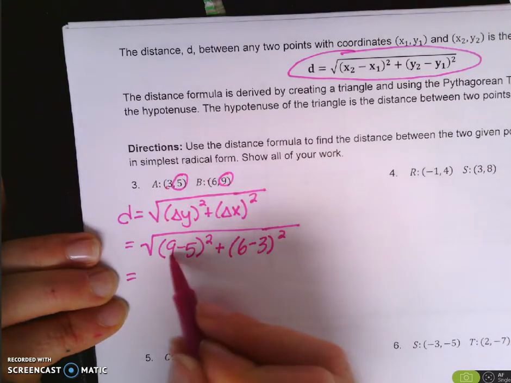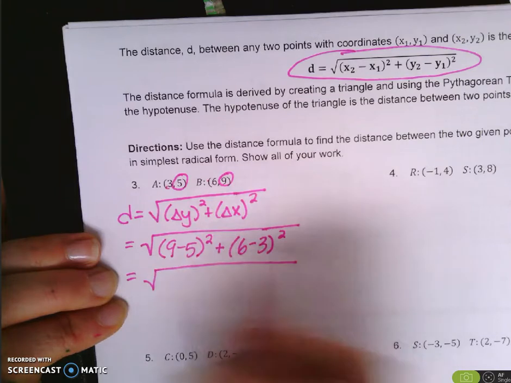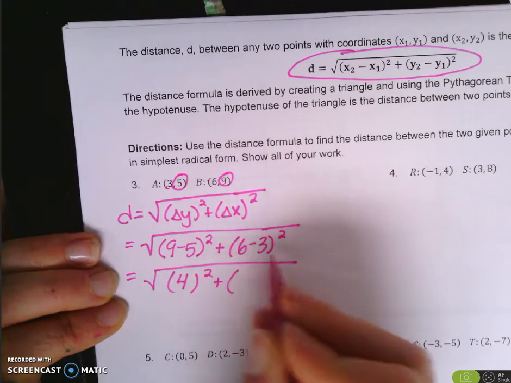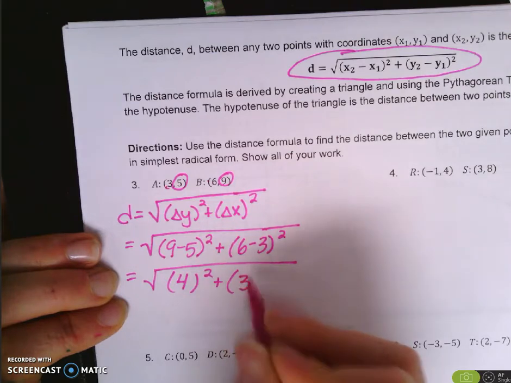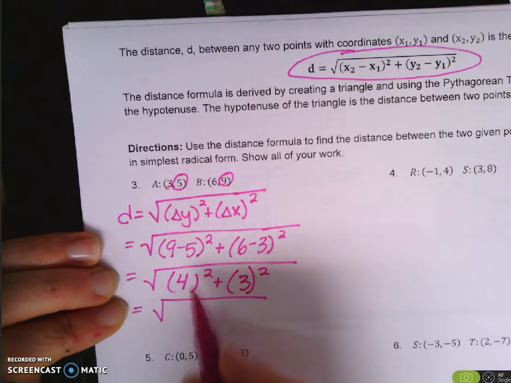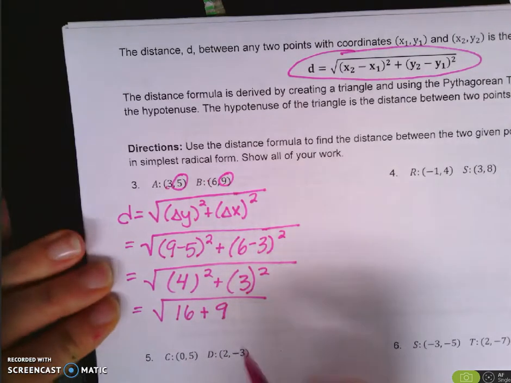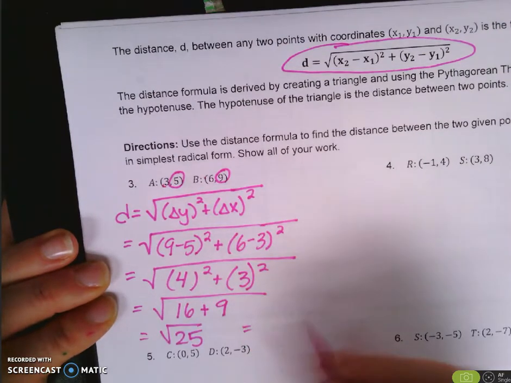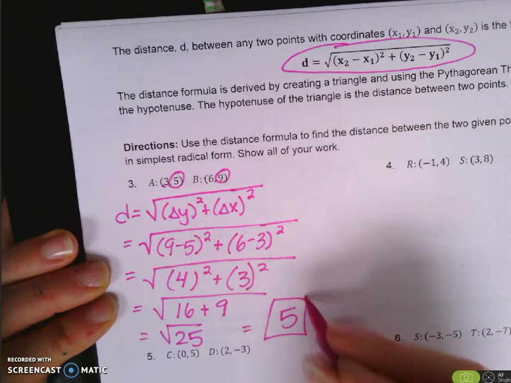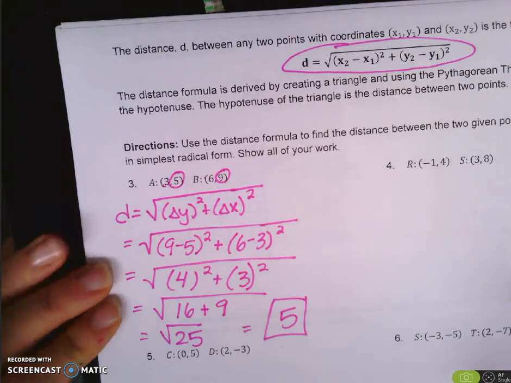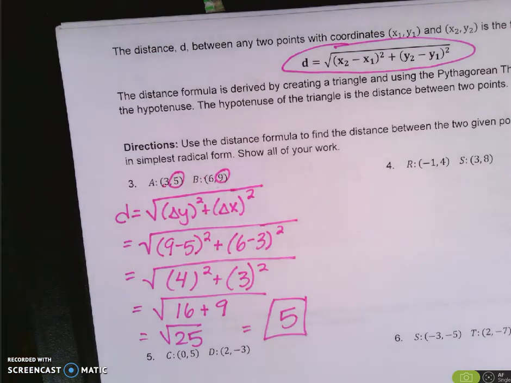So 9 minus 5 is 4. So we have 4 squared plus 6 minus 3, which is 3 squared. Let's keep going with order of operations. Let's square these. 16 plus 9, that's 25, and radical 25 is 5. So these 2 points, 3, 5, and 6, 9, are 5 units away from each other on the coordinate plane.